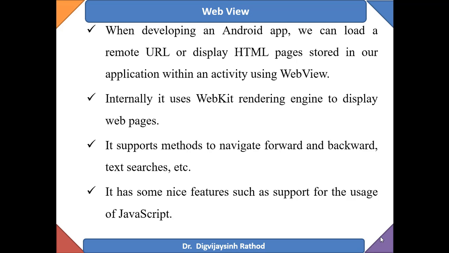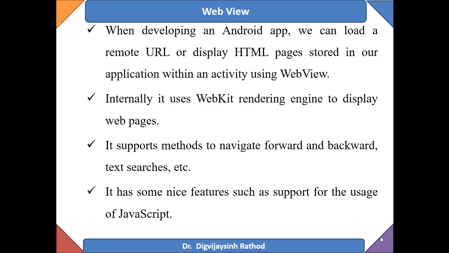So let's see. Whenever we develop an application, and if you want to access a website using a URL as a part of your activity, or display an HTML page as a part of your activity, then we normally use a WebView. The word itself tells you that this is the view we use in our Android application's activity to view content related to the web.